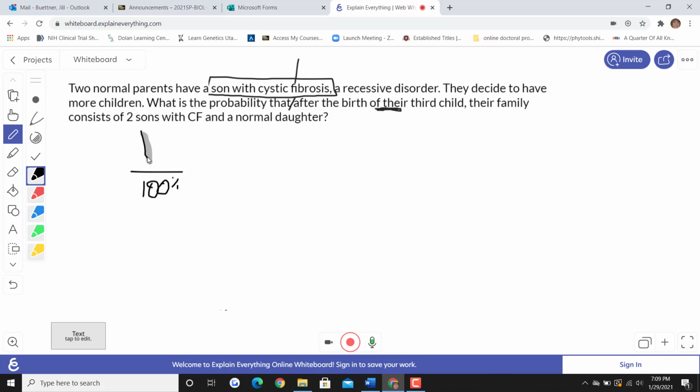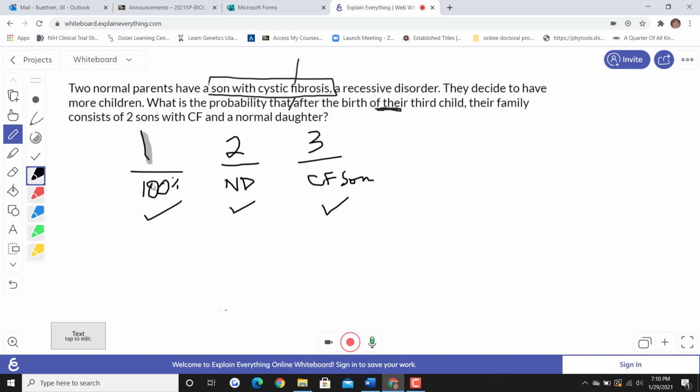Well, the first son has to have cystic fibrosis, but the second child could be the normal daughter. I'm just going to put ND. And the 3rd child could be another son with cystic fibrosis. That would still fit the description of a family that consists of 2 sons with cystic fibrosis and 1 normal daughter.